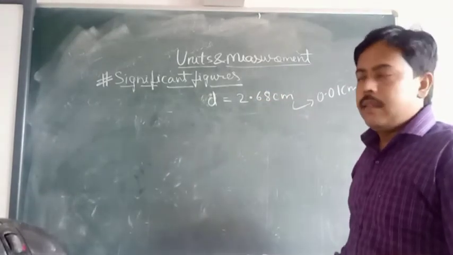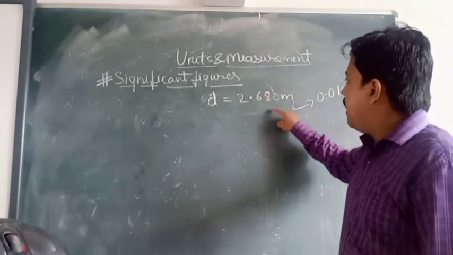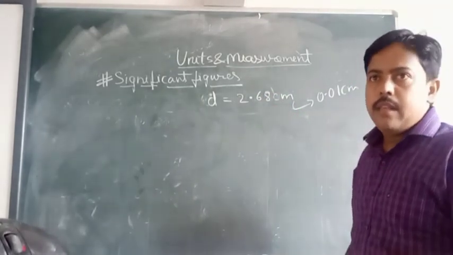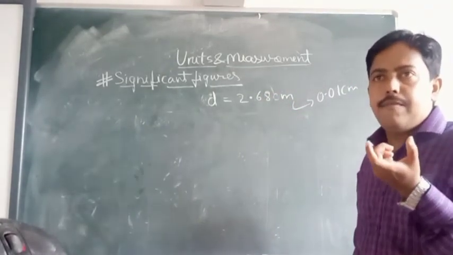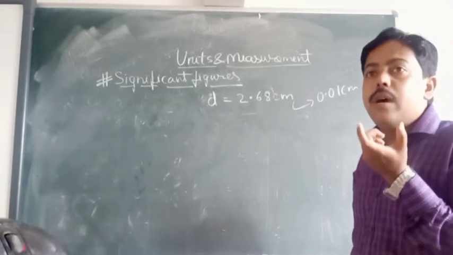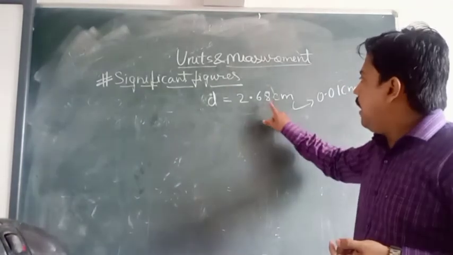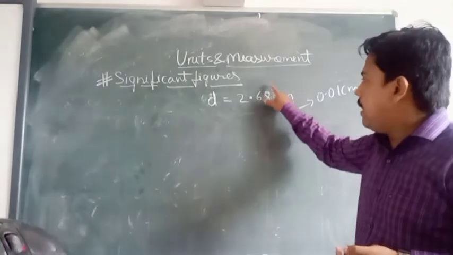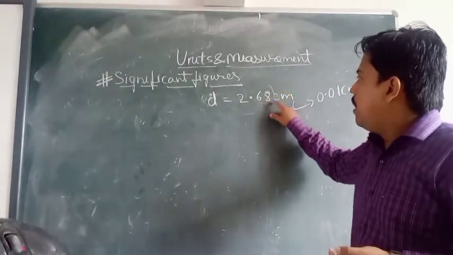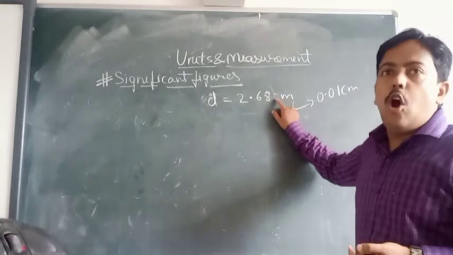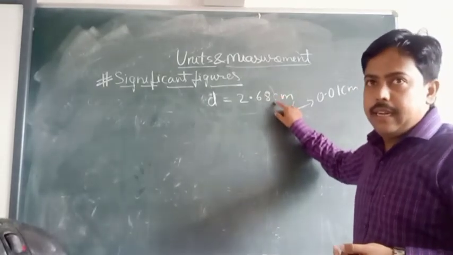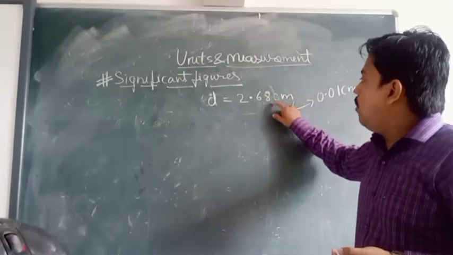But still this has a very insignificant role. If we measure our reading in vernier calipers, then we may observe that the eighth line, this 8, is just due to the scale of the vernier calipers.